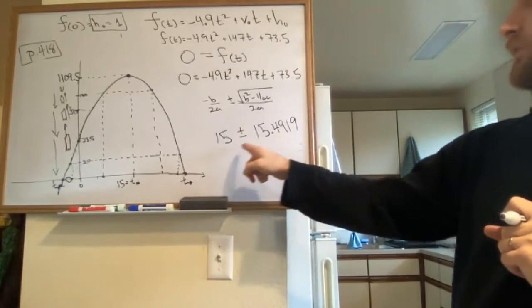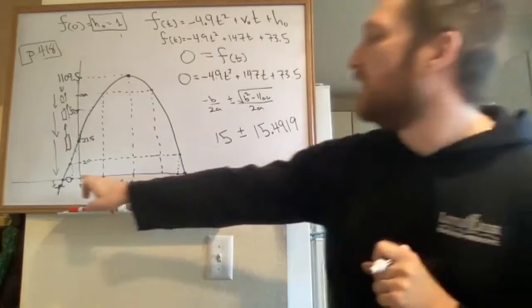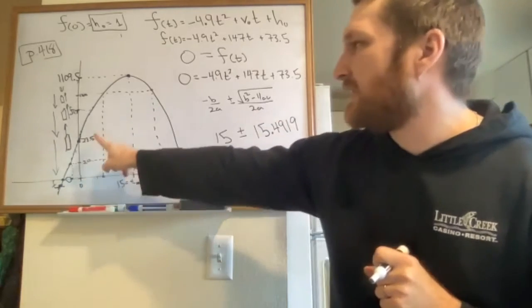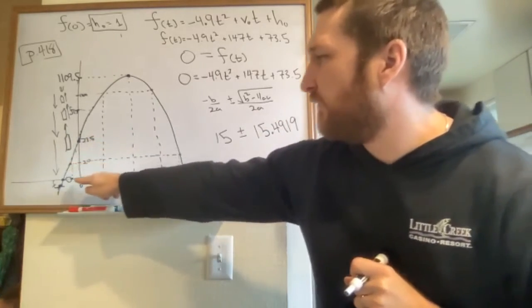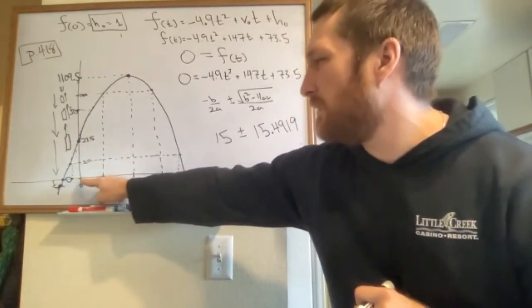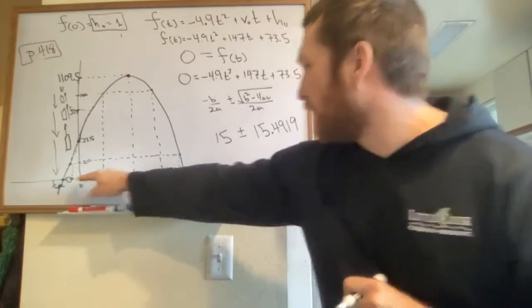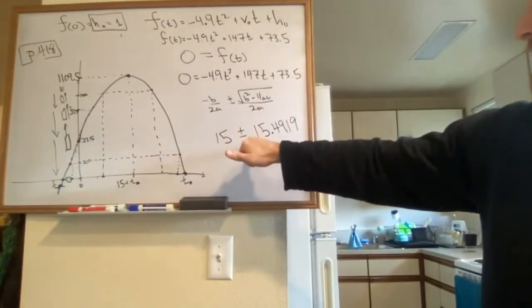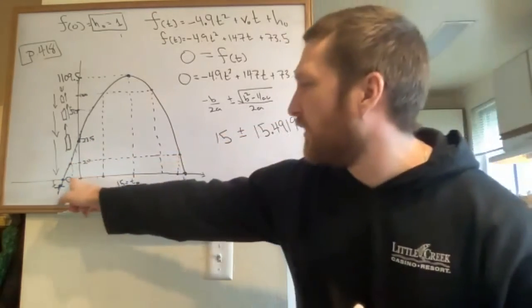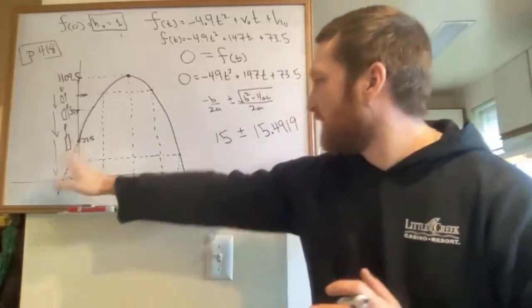This makes me feel really good, actually, because I could see that the majority of the time, it's not going to take that long before that happens, so that shouldn't be a very big number. 15 minus that would be about negative 0.49. Okay, so that makes sense.